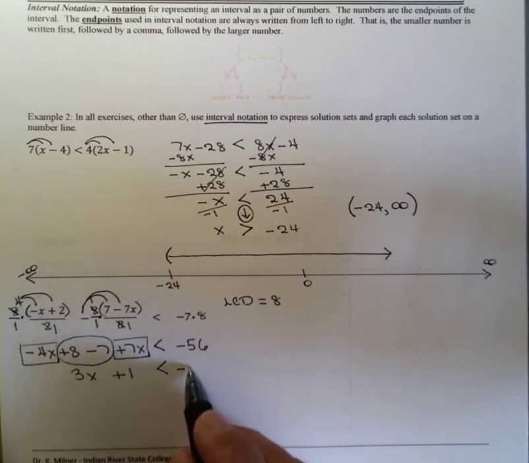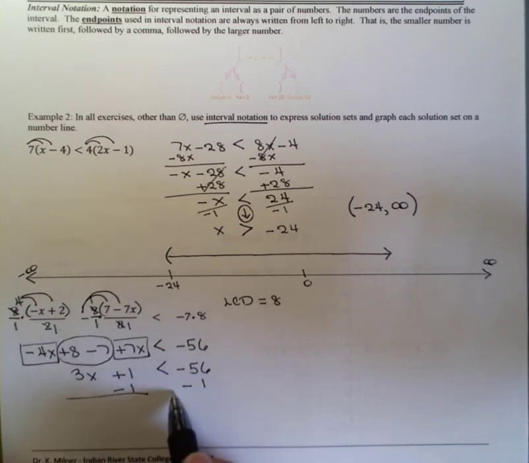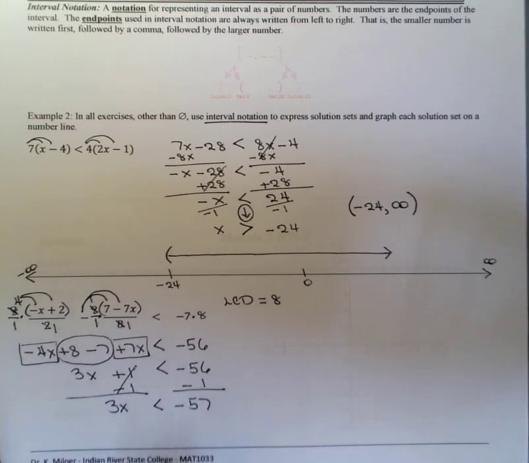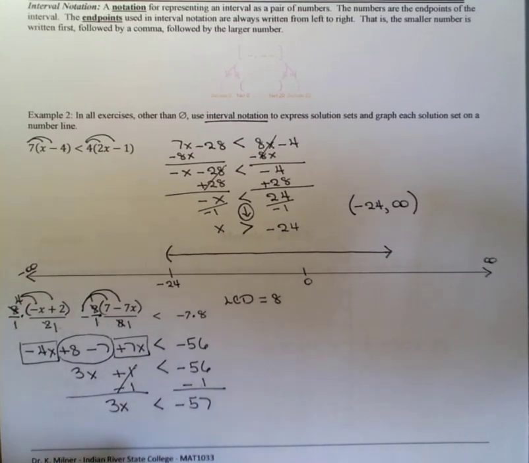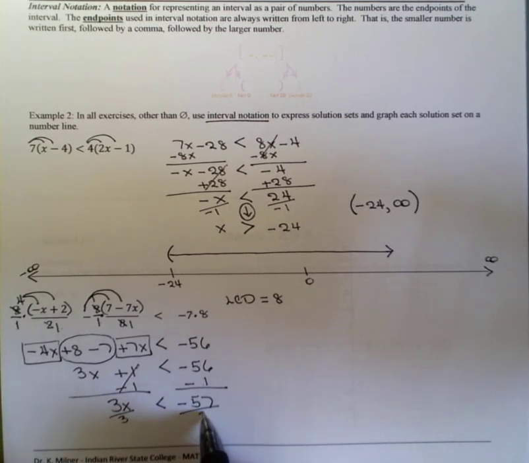So bring down that same inequality. And now I can say, okay, let's get rid of this 1. It's over here messing us up. I'll subtract 1. And I end up with 3x less than negative 57. Remember, when you add terms and they have the same sign, we add them together and keep the sign, even if it's negative, right? Next, I'm going to divide by a positive 3 because that's the coefficient of the variable term.